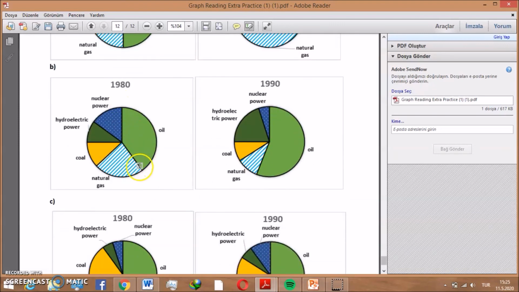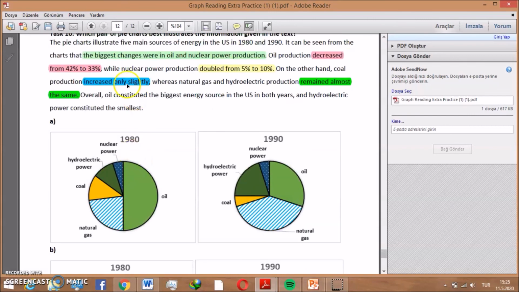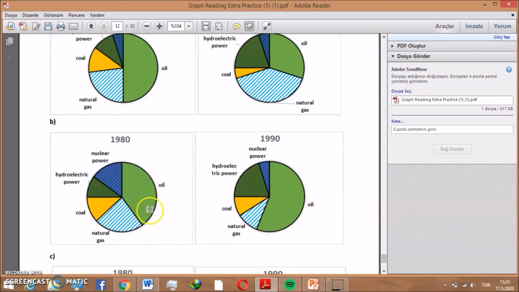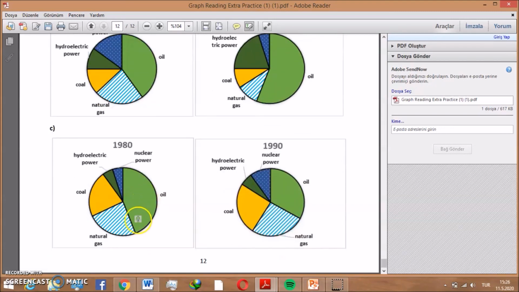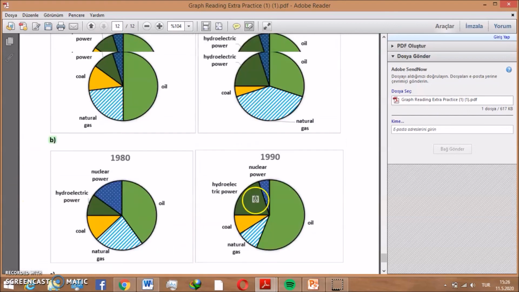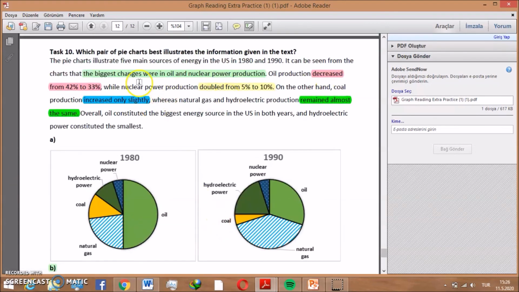But in B, it says oil production decreased. But here, it increases. Therefore, B is not our option. So let's look at this part. Yes, this is not half. This is not like 50%. This is 42. And this decreased to 43. This is a good one. Okay, A and C, let's say.